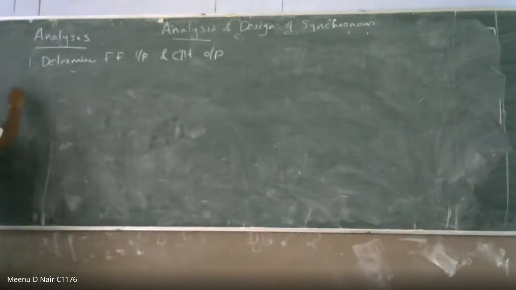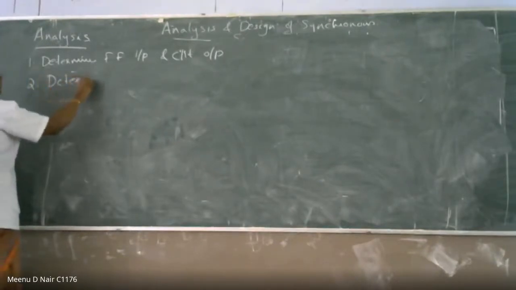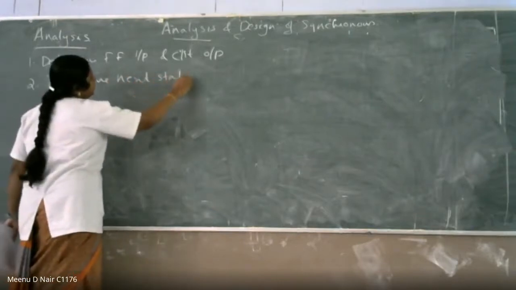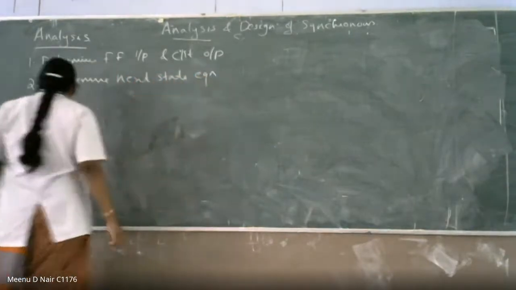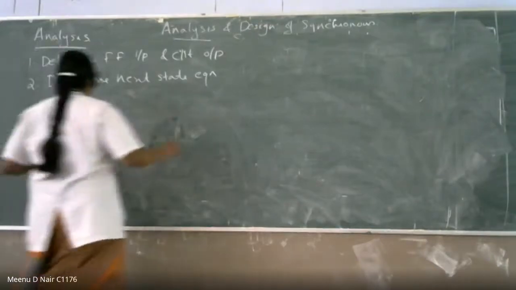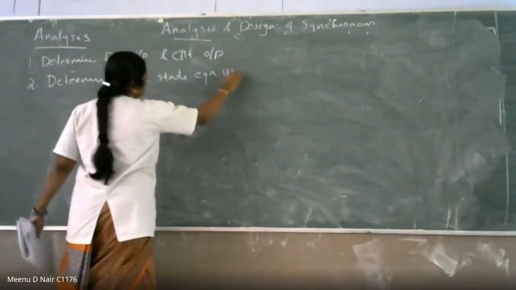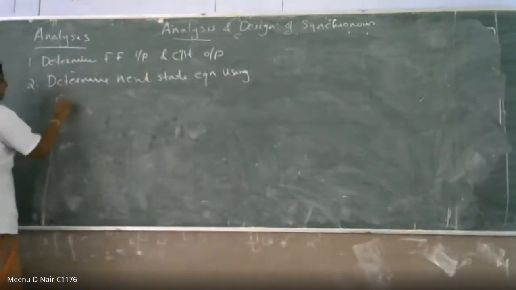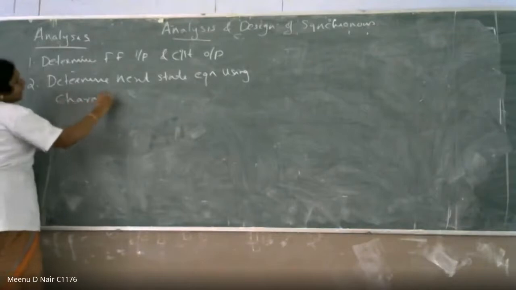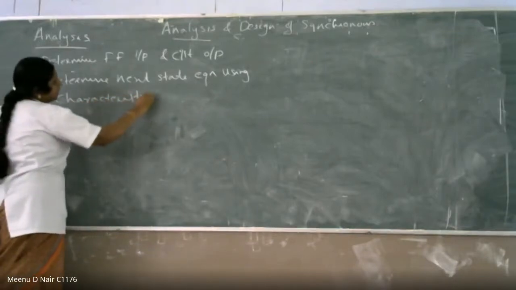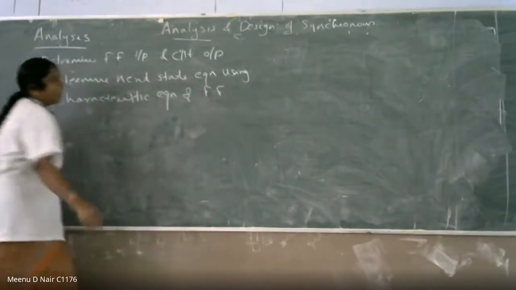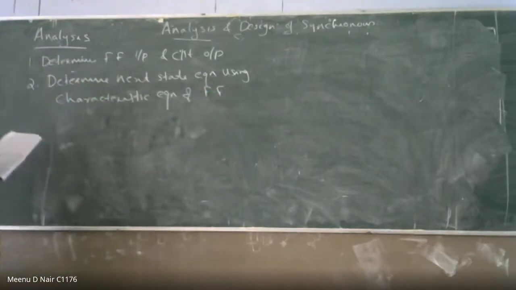Second one is determine the next state equation, using the characteristic equation of the flip-flop.